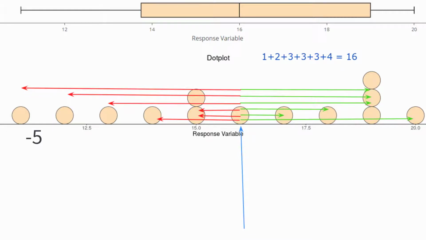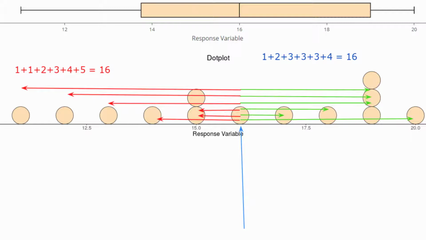So if I add all of these up, I have 1 plus 1 plus 2 plus 3 plus 4 plus 5. That gives me 2, 4, 7, 11, 16. So what I have is the same amount of distance above and below the mean. This is why the mean is called the balancing point. It balances all of that out.